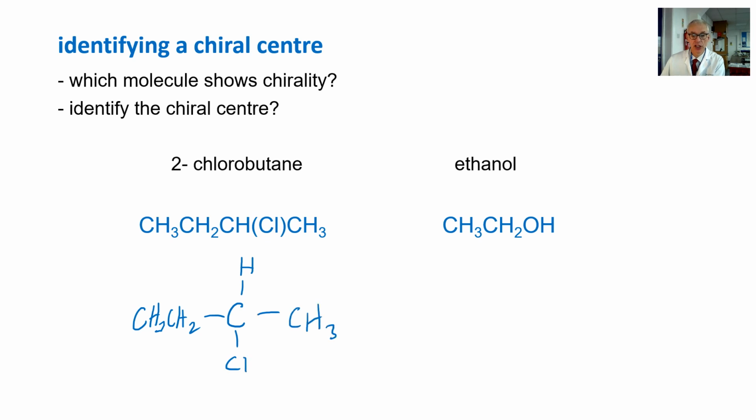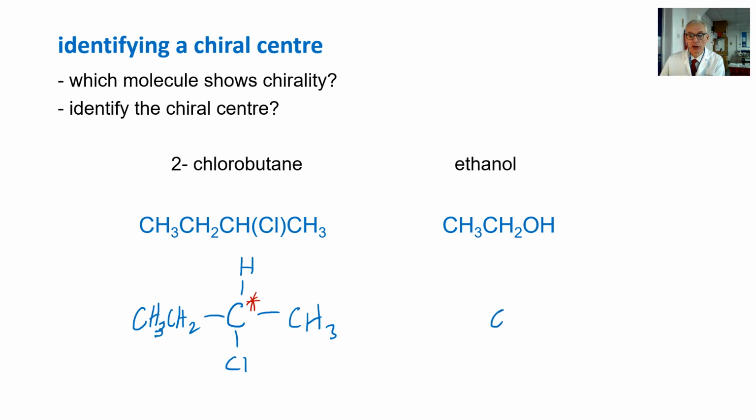We can see straight away that we do in fact have a carbon which is bonded to 4 different groups: ethyl group, chlorine, hydrogen, and methyl group. I'll just slightly correct my writing there, that's meant to be a 3.